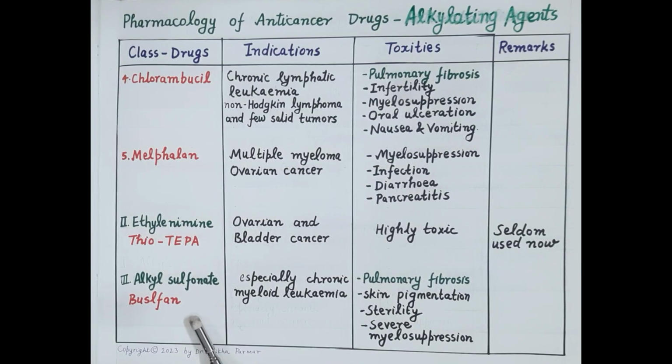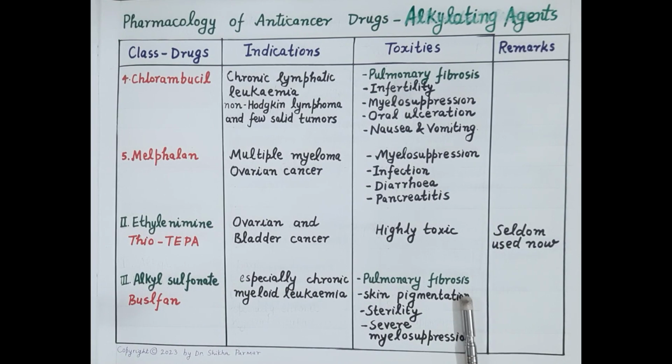The drug in this class is busulfan. It is highly specific for myeloid elements, that is the elements of bone marrow, and therefore it is a drug of choice for chronic myeloid leukemia. The specific toxic effect of busulfan is pulmonary fibrosis, and besides this, it also causes skin pigmentation, sterility, and severe myelosuppression.